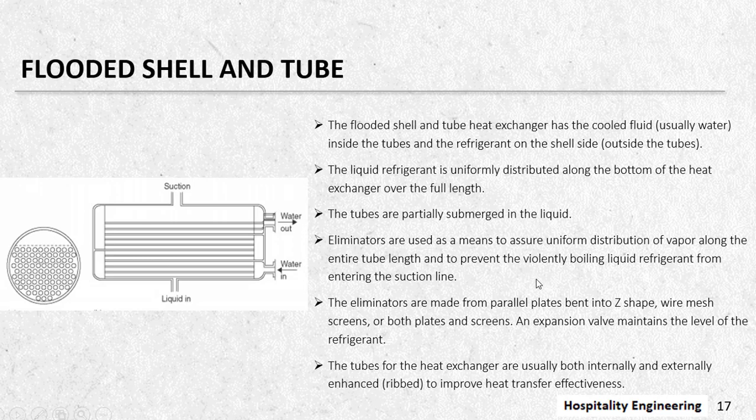Eliminators are used as a means to assure uniform distribution of the vapor along the entire tube length and to prevent the violently boiling liquid refrigerant from entering the suction line. The eliminators are made from parallel plates bent into a Z shape, with wire mesh screens on both plates and screens.